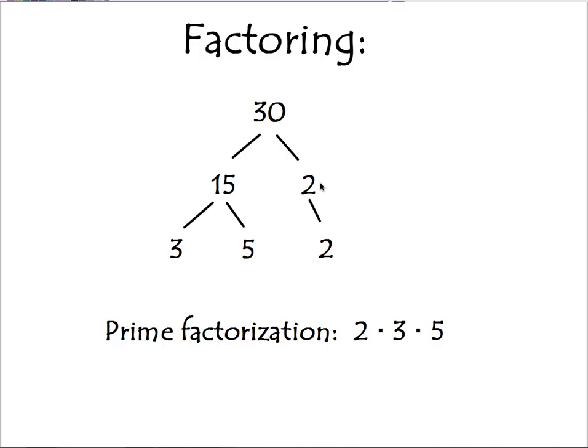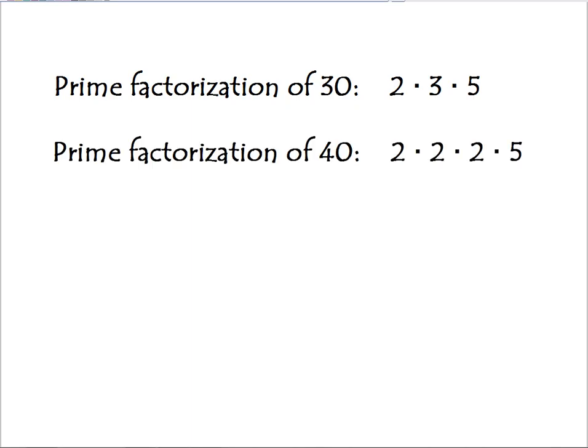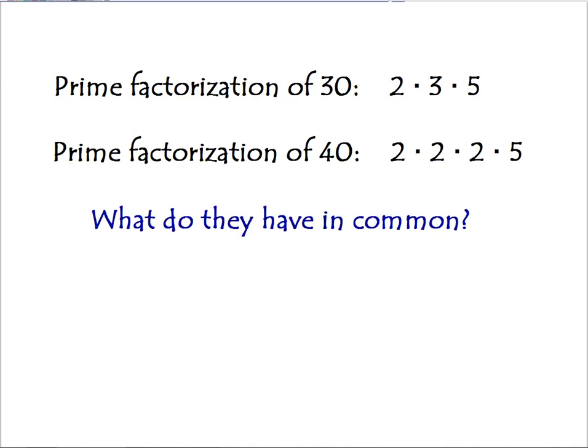No matter what two numbers I start with, I'm always going to end up with a 2, a 3, and a 5 to give me 30. So prime factorization of 30 was 2 times 3 times 5. If I broke down 40 in the same way into its prime factorization, I would get 2 times 2 times 2 times 5. When I talk about greatest common factor, I'm looking at what these two numbers have in common in their prime factorization.